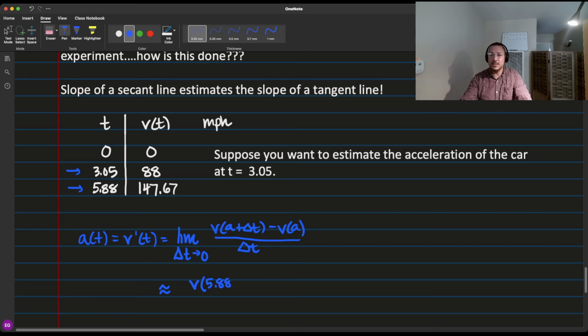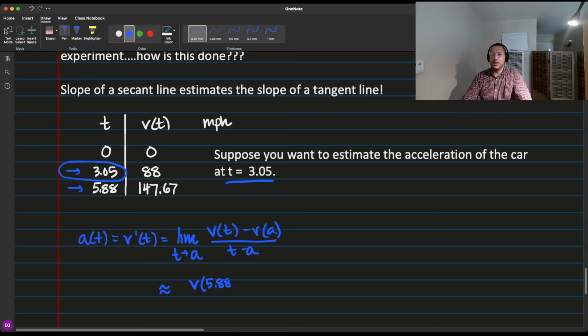Instead of using the delta t definition, let's do the t goes to a definition. So you would do the velocity at time t minus velocity at time a over t minus a. This is going to be our a right here, the 3.05, because that's when we want to find the acceleration.